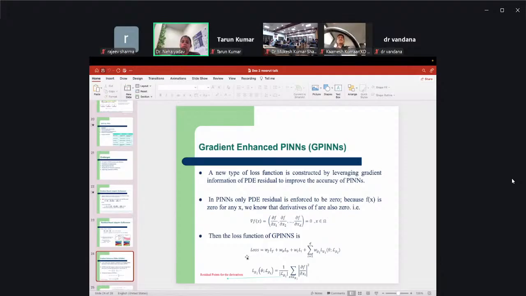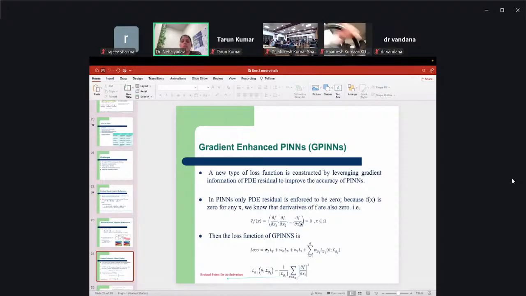Right. So in PINNs, basically what we were doing is this. If you remember, we were doing N(x,t) minus f(x,t), and we were saying it is approximately equal to zero. So in GPINN, we know that f(x) is zero for any x, and if this equals zero, the derivatives of f will also equal zero.